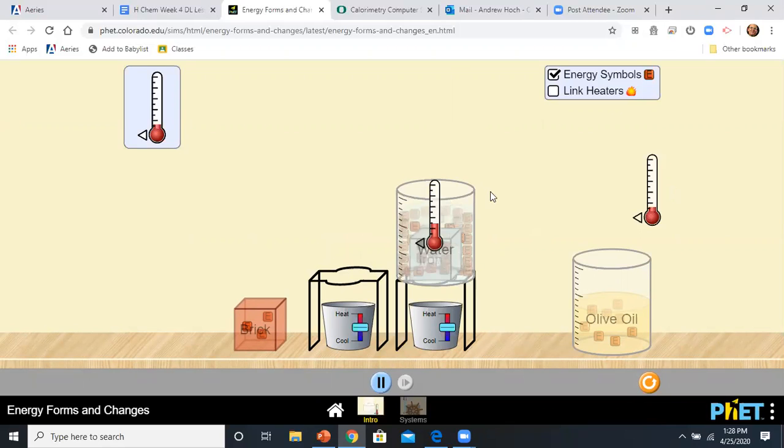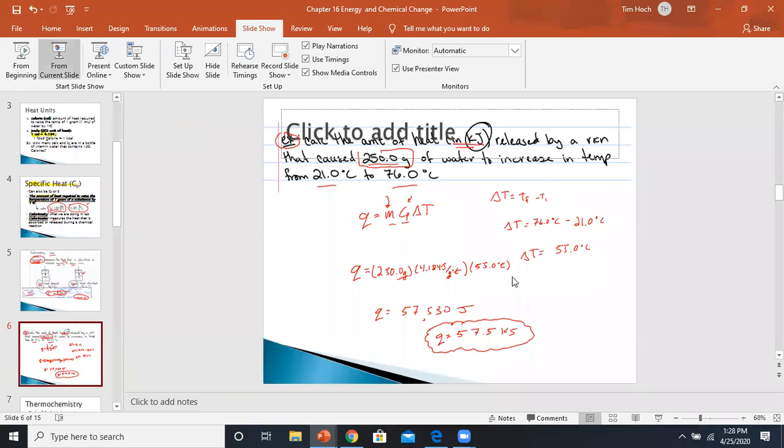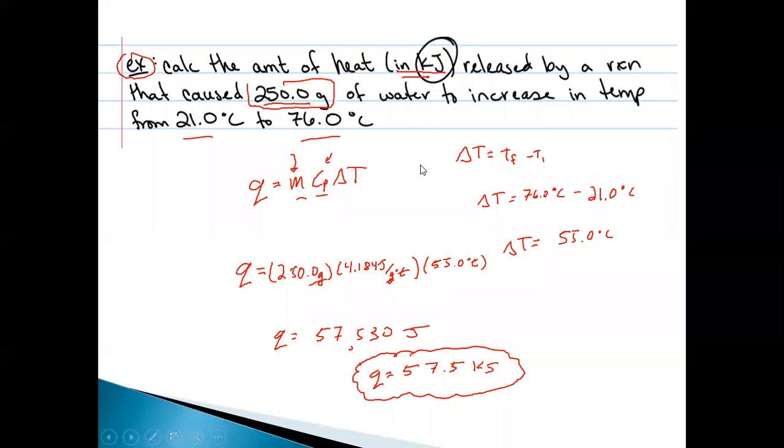So the temperature of water actually goes up. Not a lot in this simulation, but according to the problem, that's what you were looking at. You added a substance and it changed the temperature of the water, an increase from 21 to 76.0 degrees Celsius. You're measuring how much energy is absorbed, and that's what that simulation does a good job explaining.